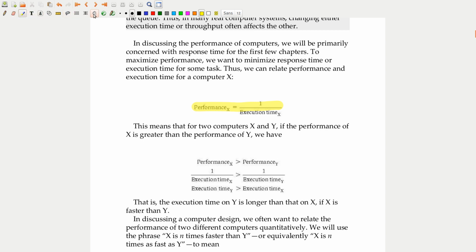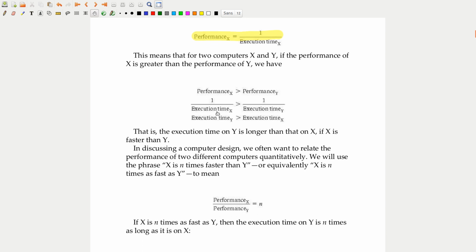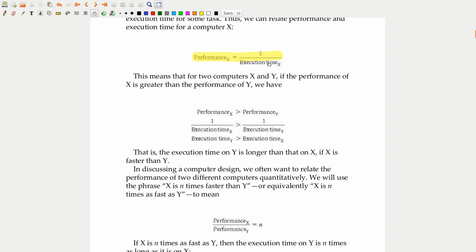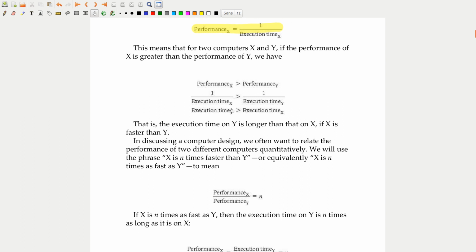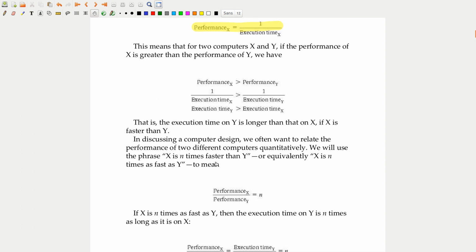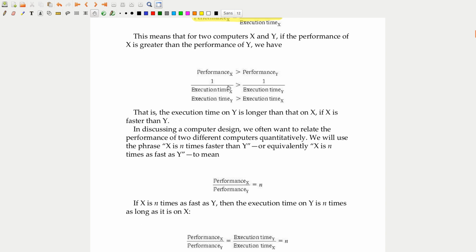So that means we have this performance metric of X versus some performance metric of Y. If we substitute in 1 over execution time, then 1 over the execution time of X must be greater than 1 over the execution time of Y. Basically saying the execution time of Y must be greater than that of X for X to be better performance-wise. So we're defining a lot of different ways to write the same things here. It's important that we understand how we can manipulate these performance metrics.